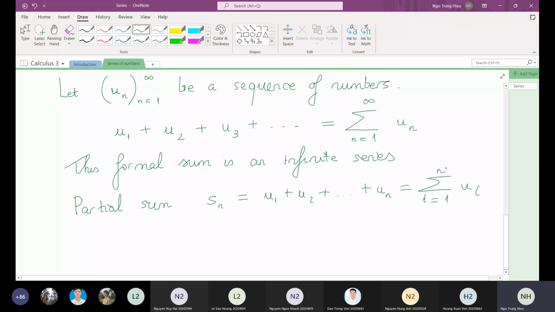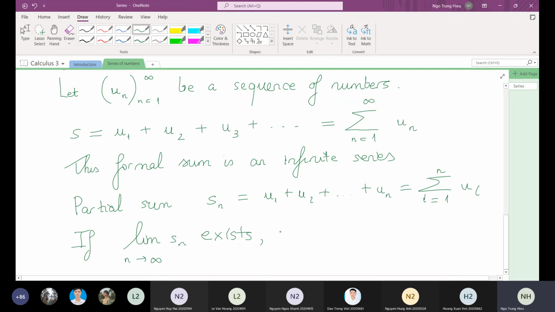And we check whether the limit of Sn when n goes to infinity is this. If this limit exists, this infinite series, we call it S. S stands for sum.